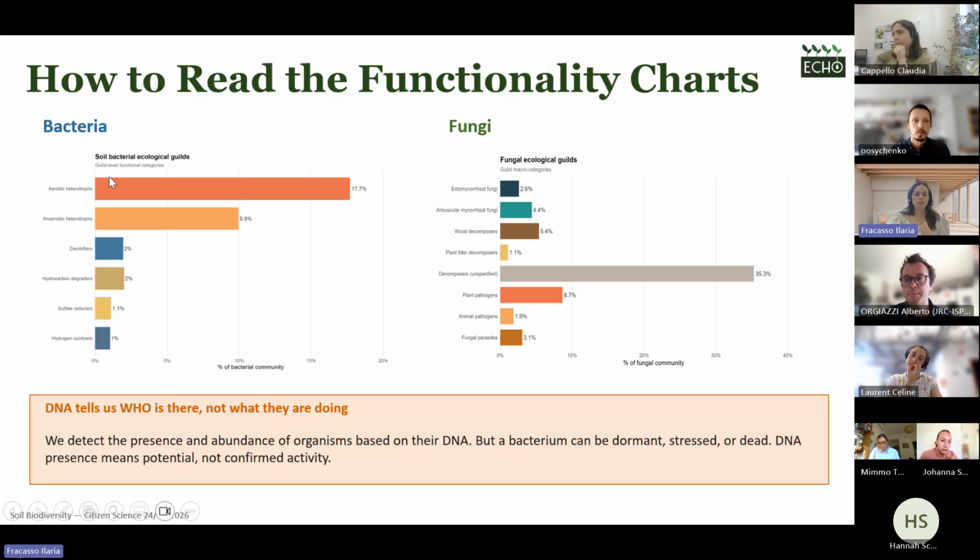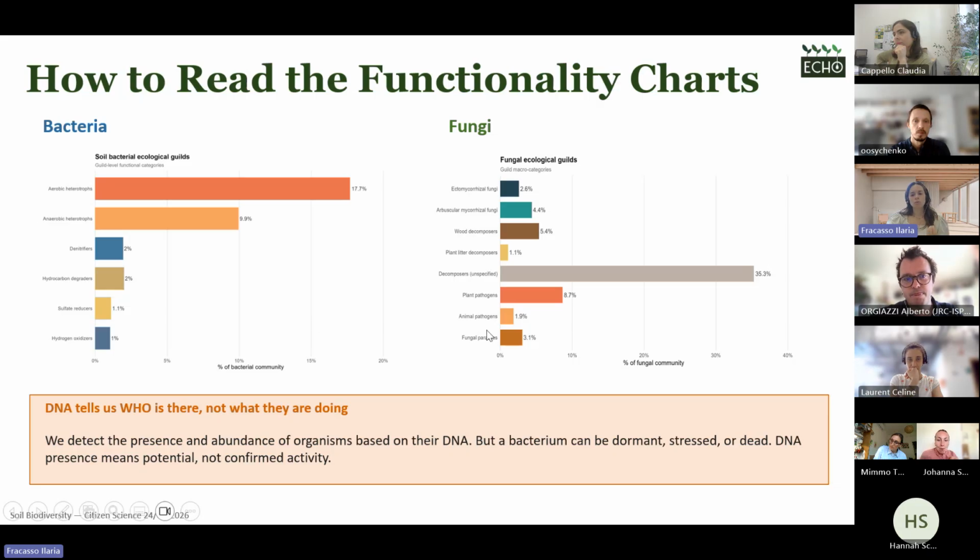So when you read your graphs, you can say, for example, that in this case 70.7% of the identified community in these samples is represented by aerobic heterotrophs, which means that 70.7% of the identified community is potentially able to degrade organic matter in the presence of oxygen. And don't worry, because we are going to provide also a file that will help you to understand what aerobic heterotroph means, what anaerobic heterotroph means, and so on.